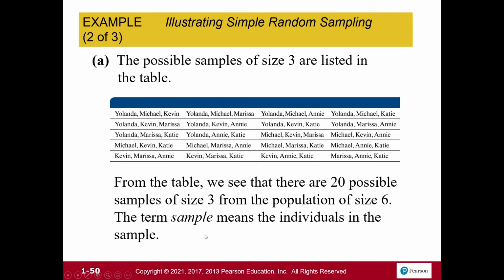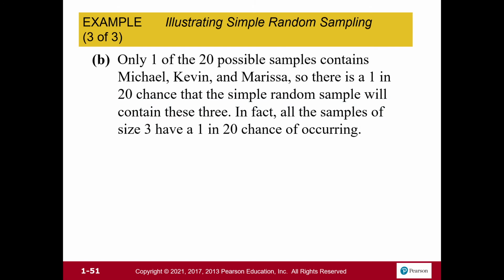The term sample means the individuals in the sample, so these are all little samples. Only one of the 20 possible samples contains Michael, Kevin, and Marissa. So there's a 1 in 20 chance that the simple random sample will contain these 3. In fact, all of the samples of size 3 have a 1 in 20 chance of occurring.